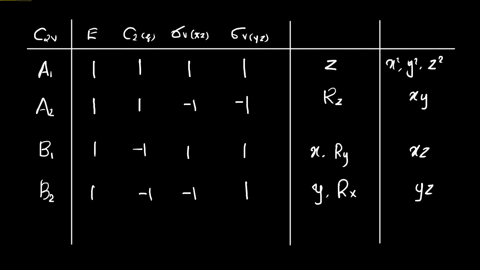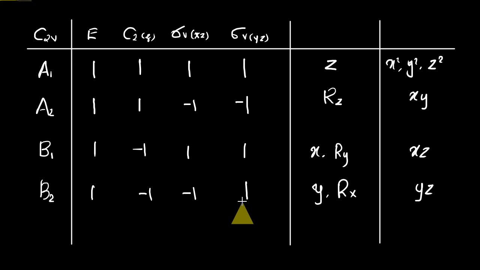You look at the character table. 1 1 1, that is equal to 1. Then 1 minus 1 minus 1, that is also 1. Then 1 1 minus 1, that is equal to minus 1.